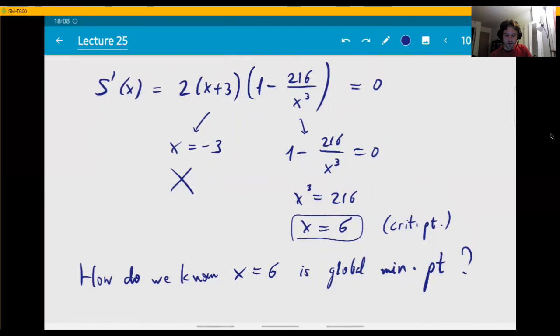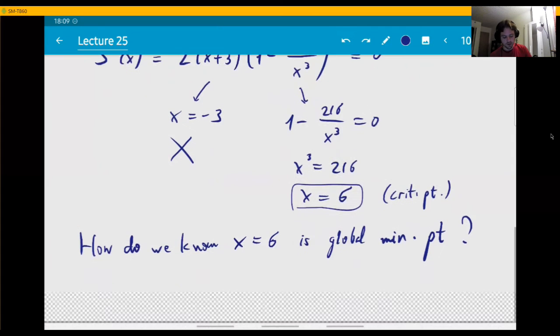Now this part right here, let's say if we make x larger than 6, x cubed is then larger than 216, but this is in the denominator with a minus. This whole expression is also getting larger then. In other words, s prime is going to be larger than 0 after the number 6.